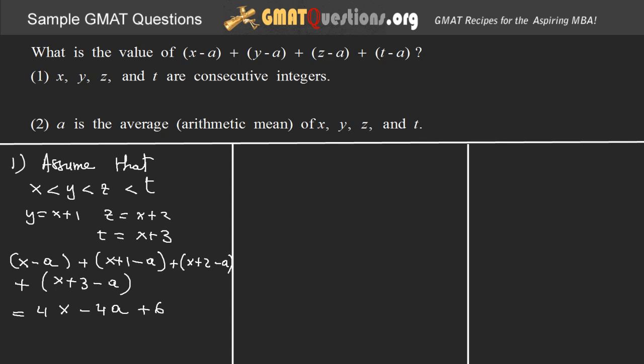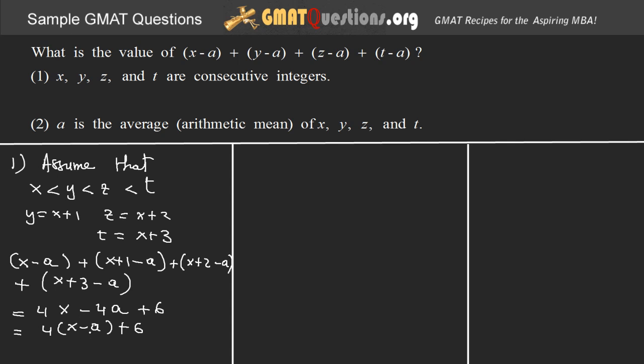We won't be able to find the value of this expression because we end up with 4x minus 4a plus 6. We don't know x. Even if we factor out 4, 4 times x minus a plus 6, we still are unable to find it. We don't know x, we don't know a, we don't know x minus a either.